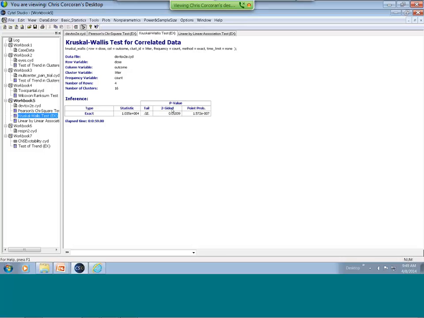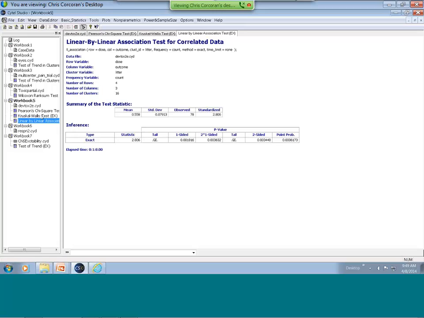that kind of association. And finally, the last question is whether or not I can treat this as a doubly ordered table. So in other words, there's some evidence of a linear association between dose level and median malformation level. And that's the linear by linear test.